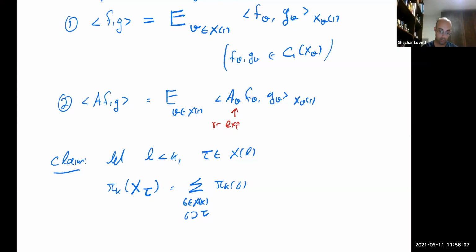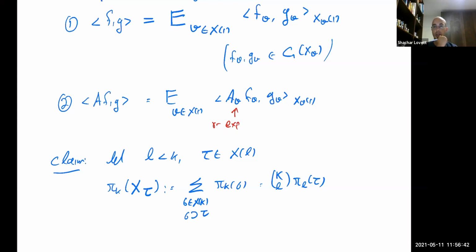That's always going to be K choose L times pi_L of tau, the L-th level probability of seeing tau. Okay, that's the claim. And the first part is just a definition; this is how we defined it last time. I'm claiming that if I sum all the probability in the K-th level of a link, it is going to be exactly the probability of seeing tau when I move down to the L-th level, times some scaling factor.